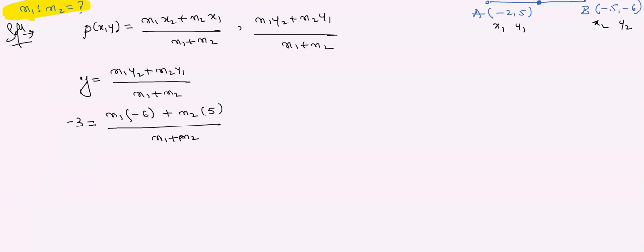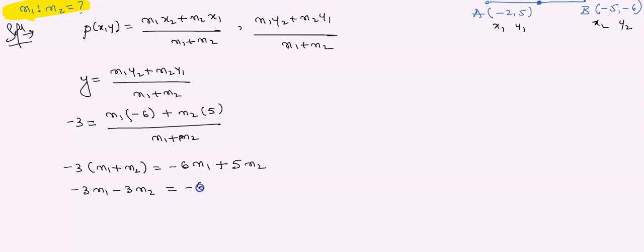That is -3 into (m1 plus m2) equals -6 m1 plus 5 m2. Now multiply -3 into m1, -3 m1, and -3 into m2, -3 m2.